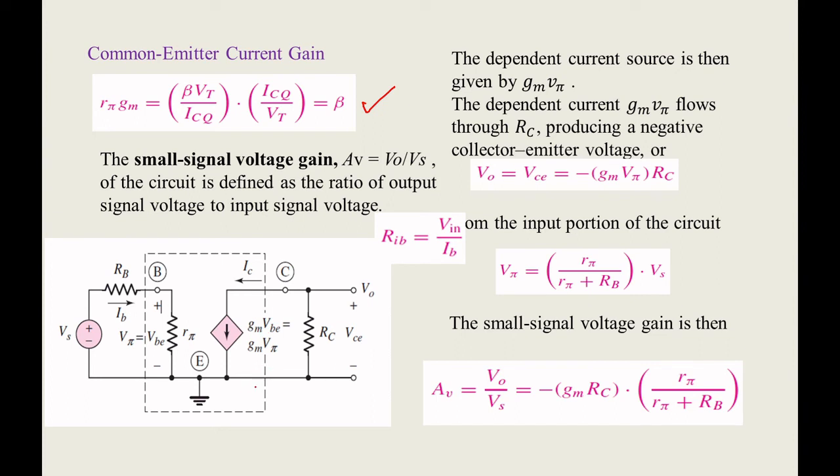RIB is the resistance when you look into the base terminal, that is nothing but Vin by IB. So here is your Vin, and Vin by IB is your base resistance RIB. In the coming slides I will explain it.